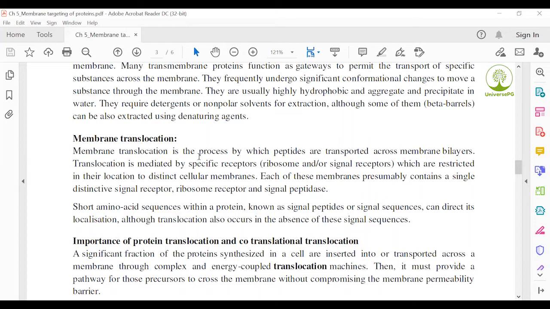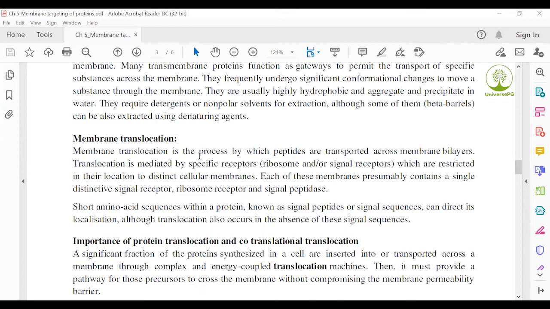We know the cell membrane, the plasma membrane, has two layers. This is called a bilayer. It generally consists of a lipid bilayer, and sometimes of lipid with protein, and it is called the bilayer.